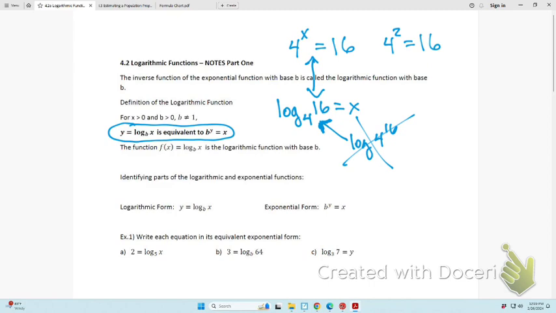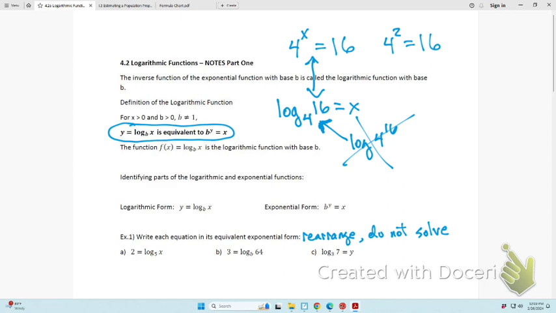So at the very bottom, you see example 1, and it says write each equation in its exponential form. This is saying rearrange. Do not solve. You are welcome to solve, but that is not what I'm grading. I'm just grading you rearranging it.